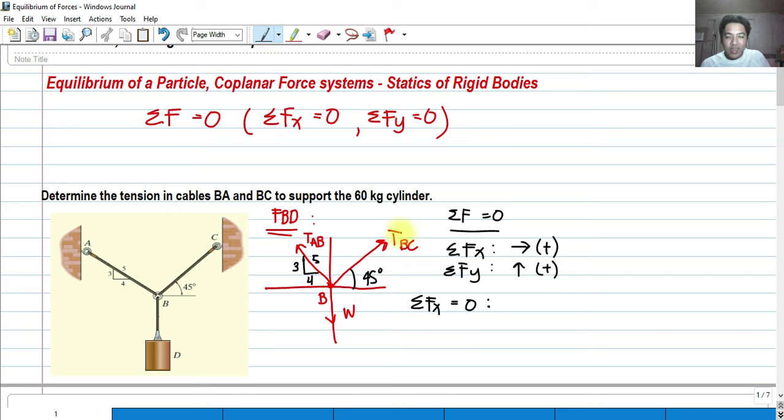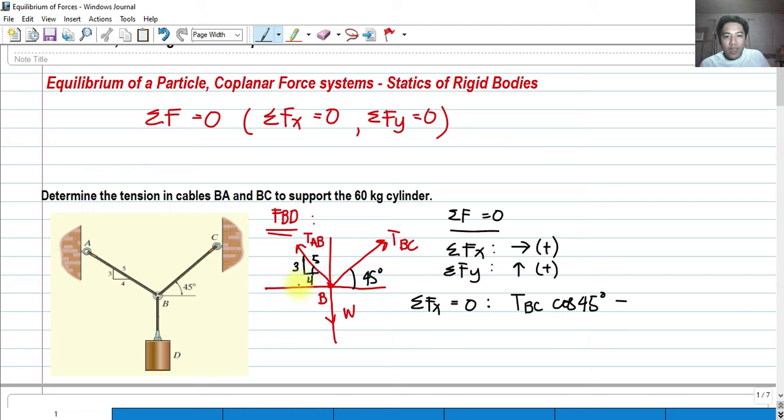We are going to get the x component, so that must be TBC cosine 45 degrees minus, since if we project this tension AB to the x-axis, it is pointing to the left. So that means that is a minus. And since we are getting the x component of this, we are using cosine.